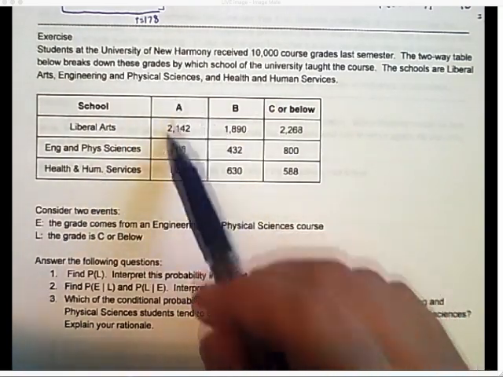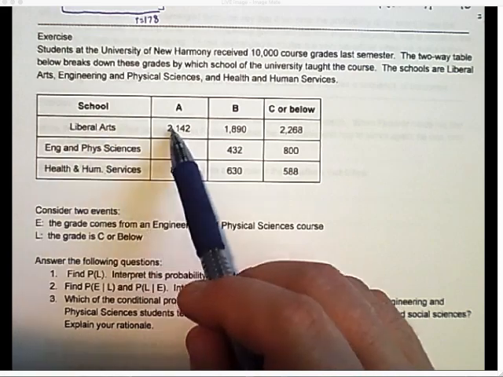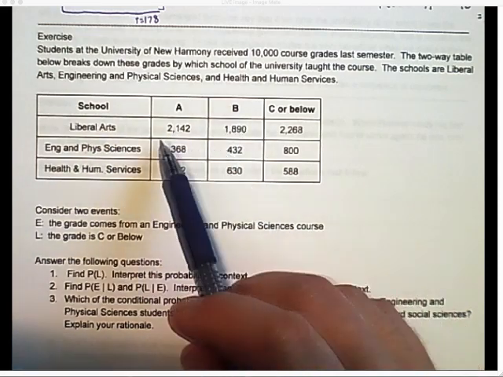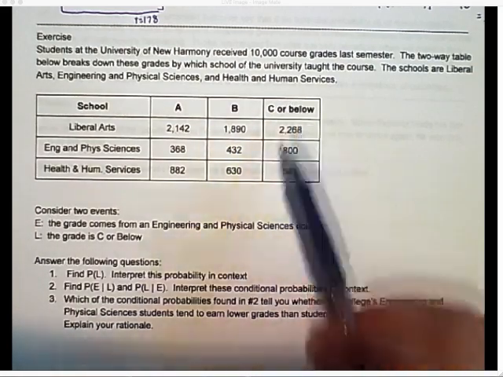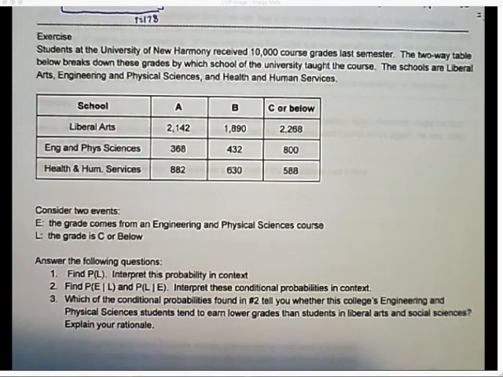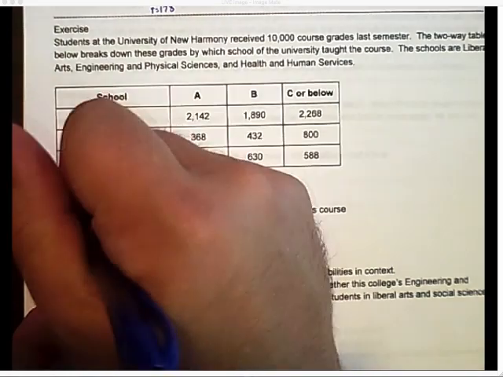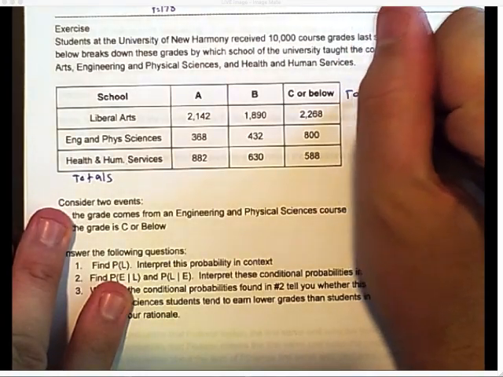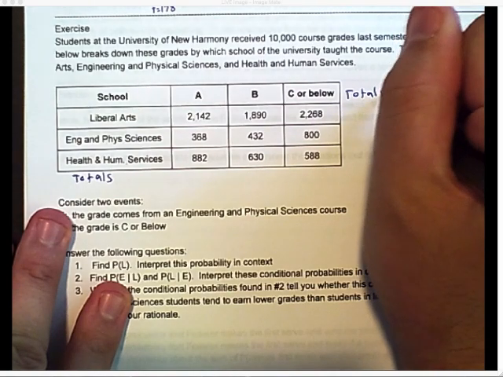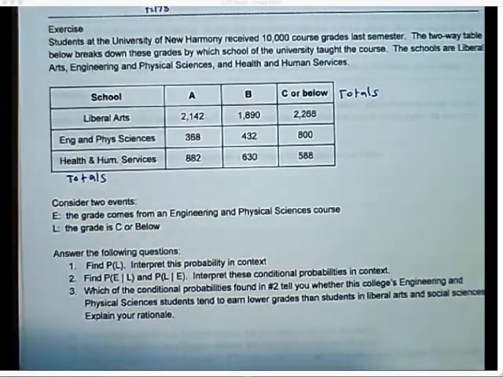People that got an A in courses offered by this school, and this school, course grades of B, course grades of C or below. You know, and I know, that whenever we do a two-way table, it's important to make a totals column and a totals row. So let's just add these.